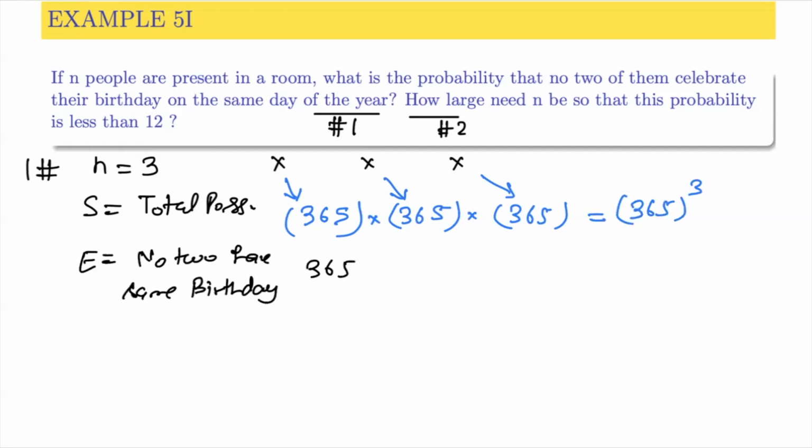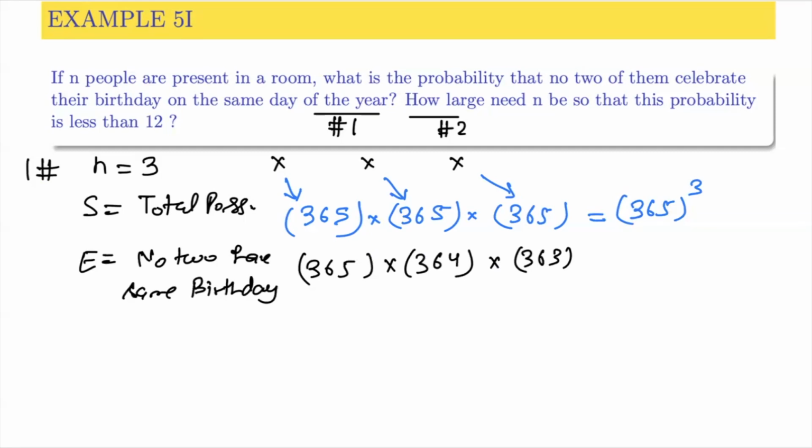In case I have chosen any day out of 365, the second person can have a birthday out of 364, because one day is already taken, and no two persons have the same birthday. For the third person, we only have 363 cases, because the third person cannot have a birthday on 2 days. First day was selected for person one, second for person two.